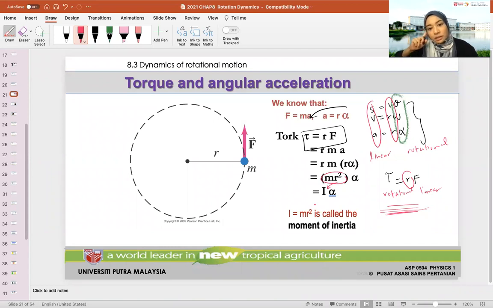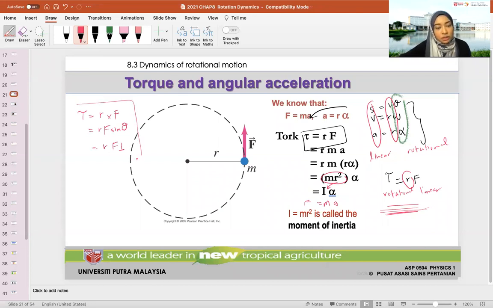So if you look at this equation, torque is equal to I alpha. It kind of looks like F equals ma. And it is related. This is another equation. The other equation that we used previously was torque is equal to r cross F, rF sine theta or rF perpendicular.